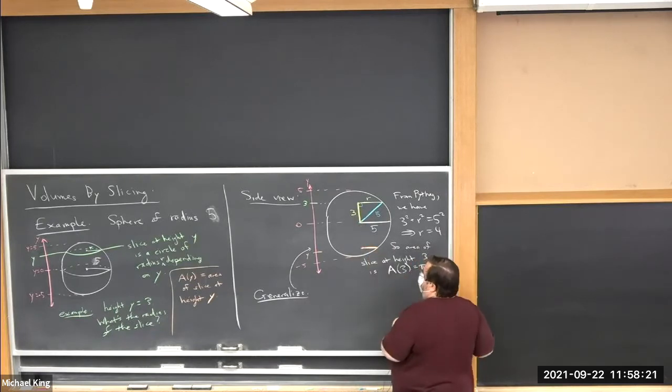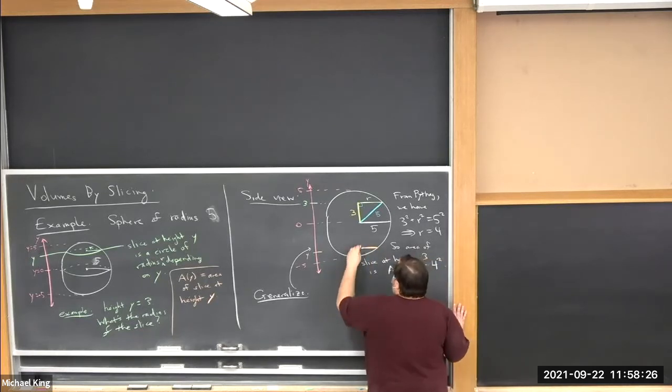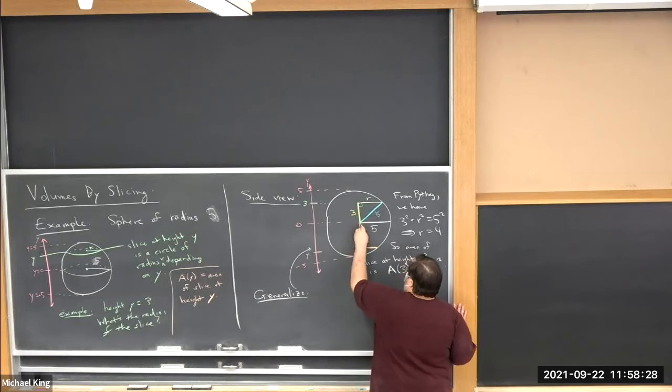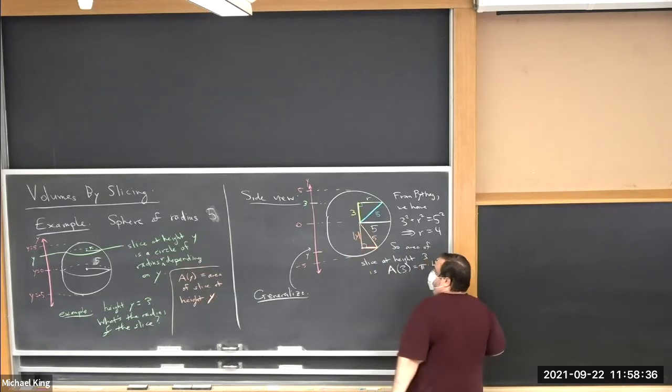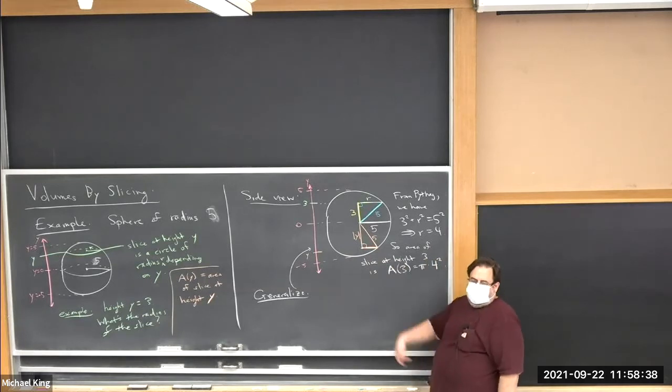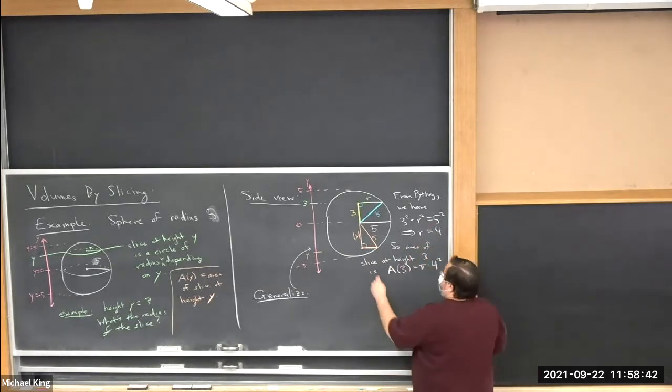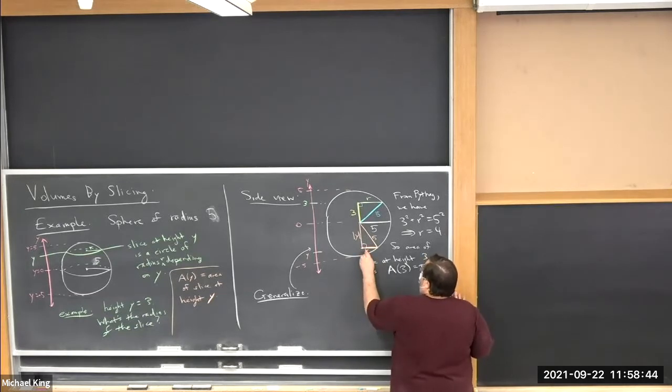And we can draw in this right triangle right here. We know this is 5. We know this is, really, the absolute value of y. But we're going to square it anyways when we do the Pythagorean theorem, so it doesn't really matter. And this is r, in this case.